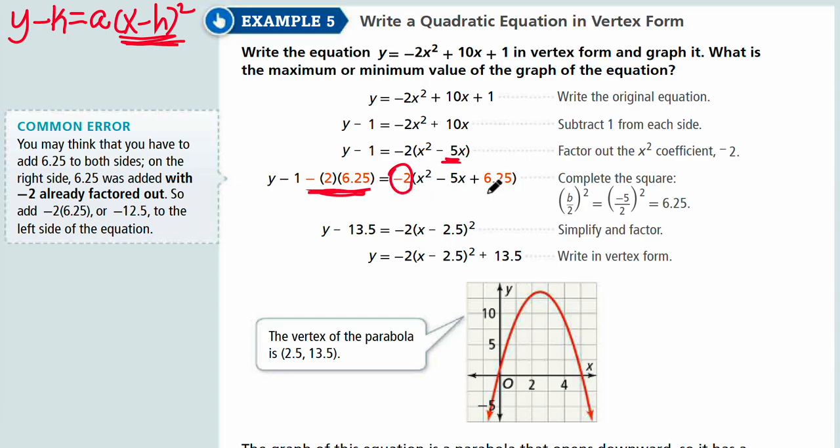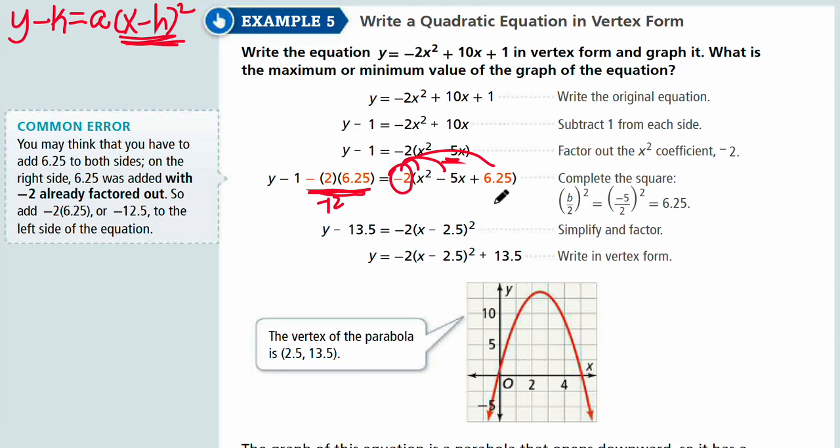But since we are adding 6.25 inside the parentheses, what we're actually doing here is that if you multiply this out, right, using distributive property, 6.25 is actually going to be multiplied by negative 2 and become a negative 12.5, right? And so that's what we have right now.